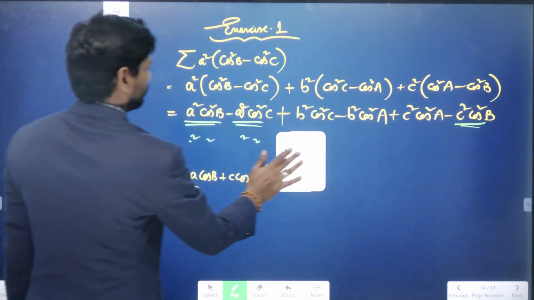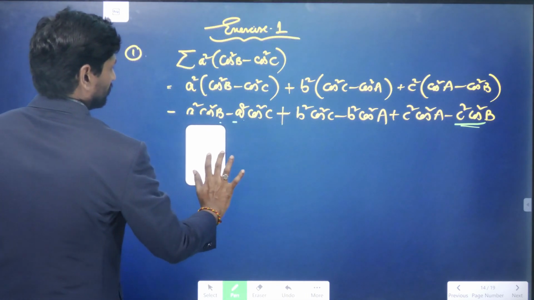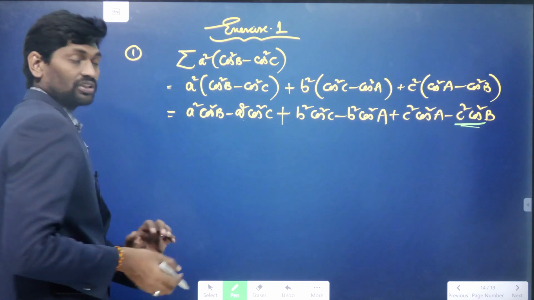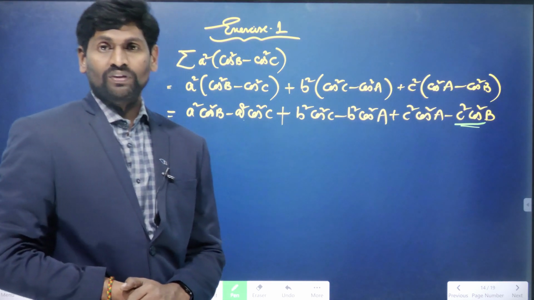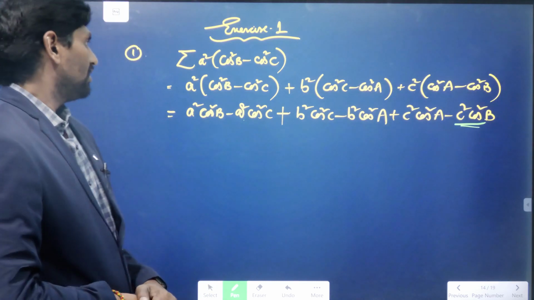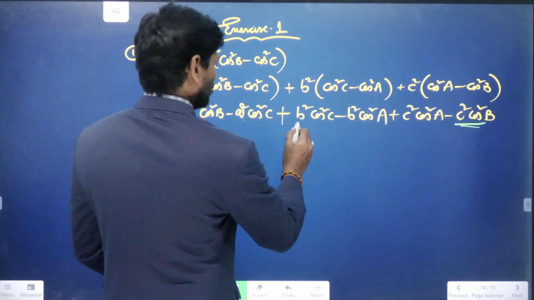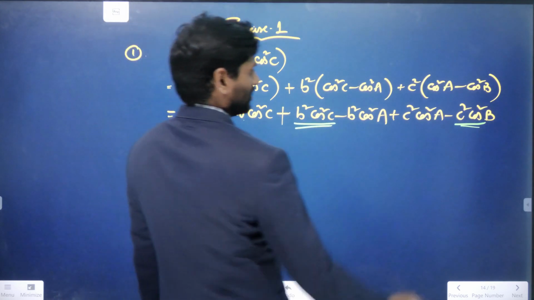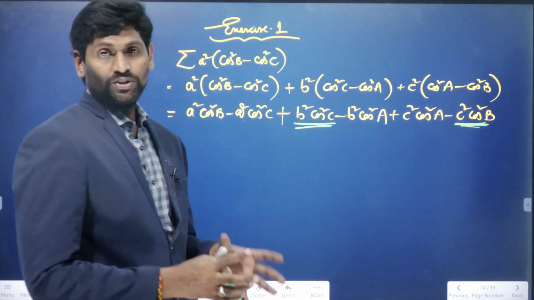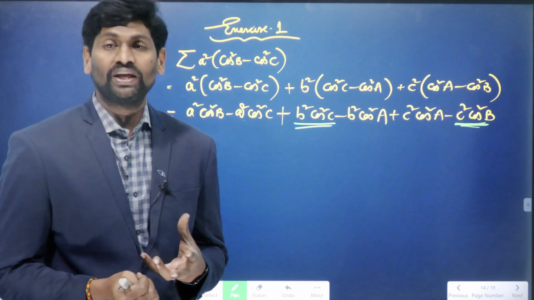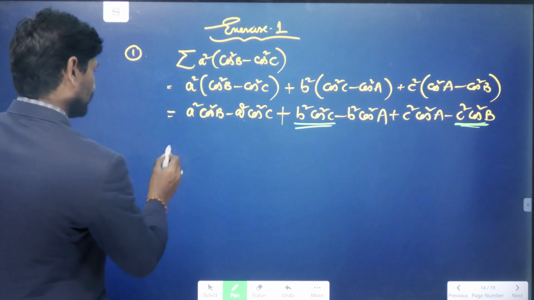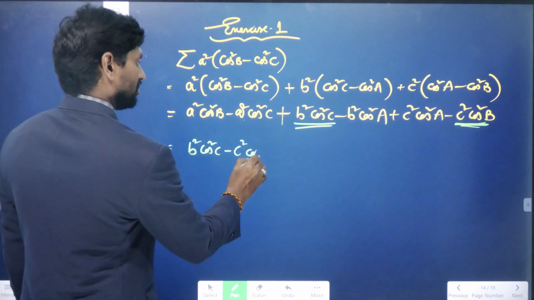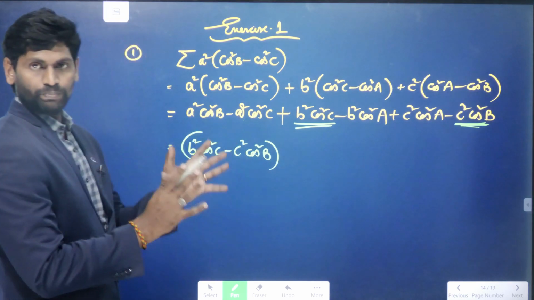So for this one I am trying to apply the projection rule. What is the projection rule? Projection rule: small a is equal to B cos C plus C cos B. Okay? Now this one I am underlining here: B square cos square C and C square cos square B, to check the availability of applying the projection rule. So I am writing those two: B square cos square C minus C square cos square B, as a pair.